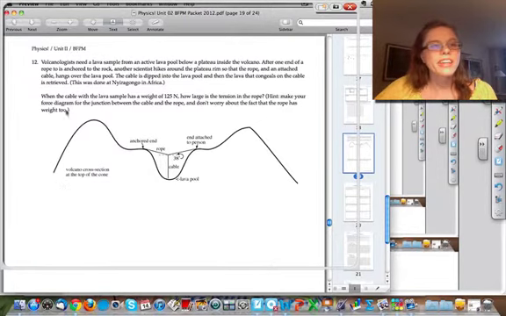Okay, welcome back. So, a volcanologist needs a lava sample from the active lava below a plateau inside a volcano. So we have this diagram here. We have two anchored ends, they're each 39 degrees.